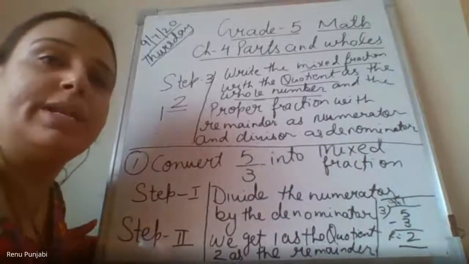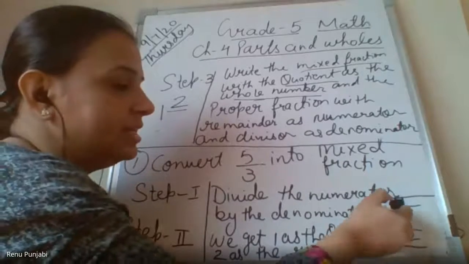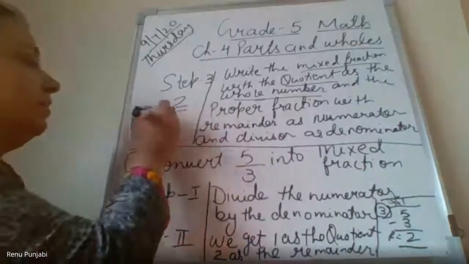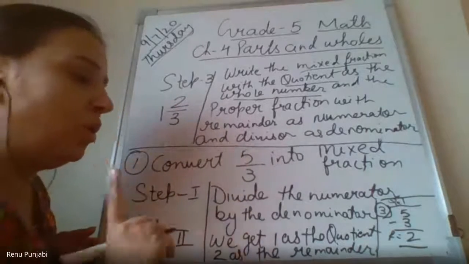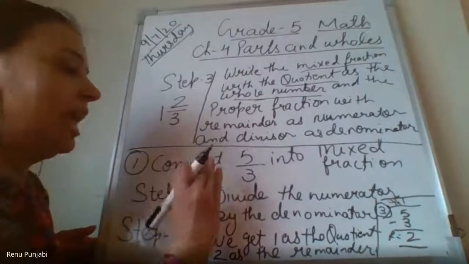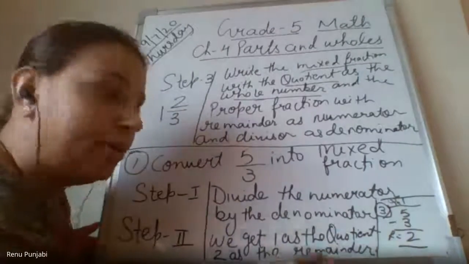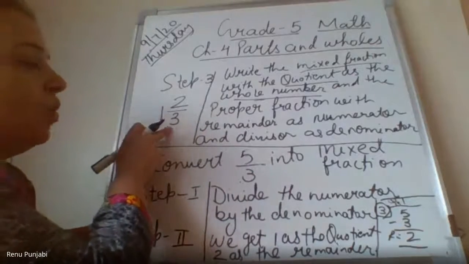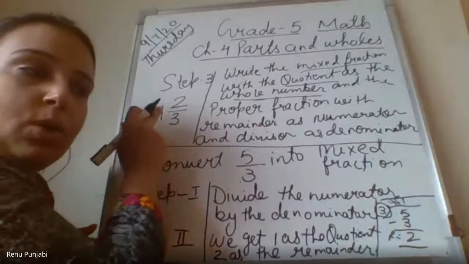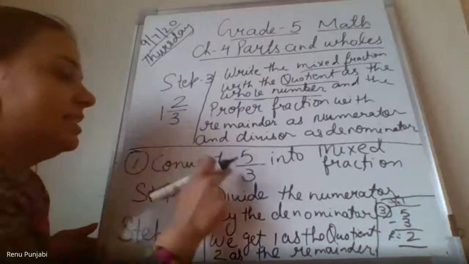Which number is the divisor and which is the dividend? This 3 is the divisor, so it will come as the denominator. Always remember that when we are converting from an improper fraction to a mixed fraction, the denominator will stay at its own place, the same, because this is the divisor.